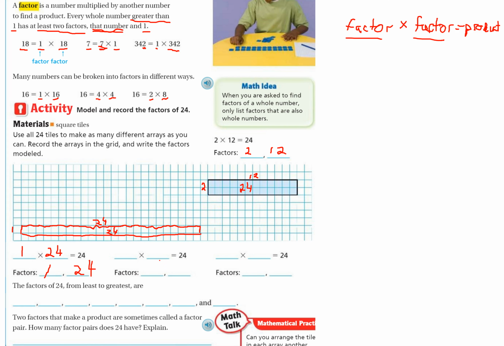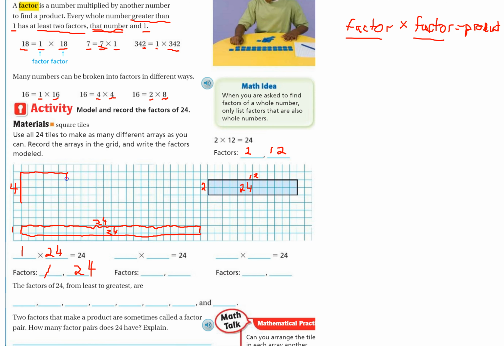What's another way we can get 24? Well, I know 4 will work. So 1, 2, 3, 4. 4 times what will give me 24? Let's count by 4s. 4, 8, 12, 16, 20, 24. So that was 6. So I need to go over 6. 1, 2, 3, 4, 5, 6.